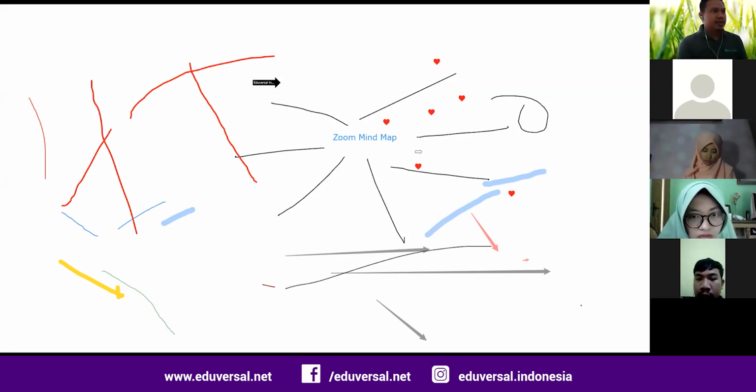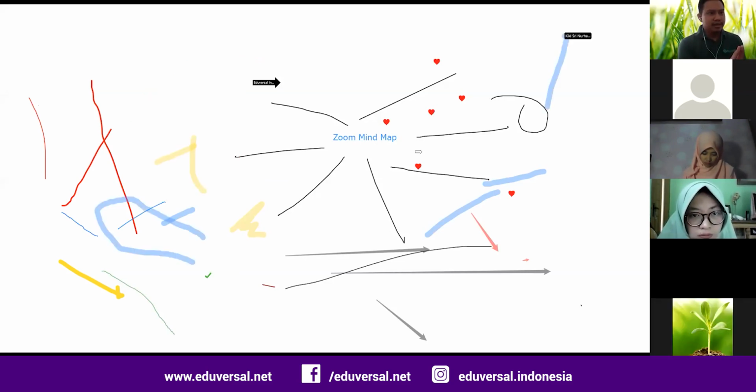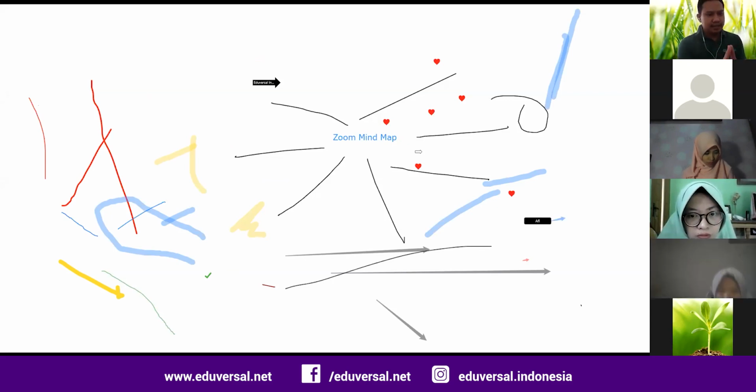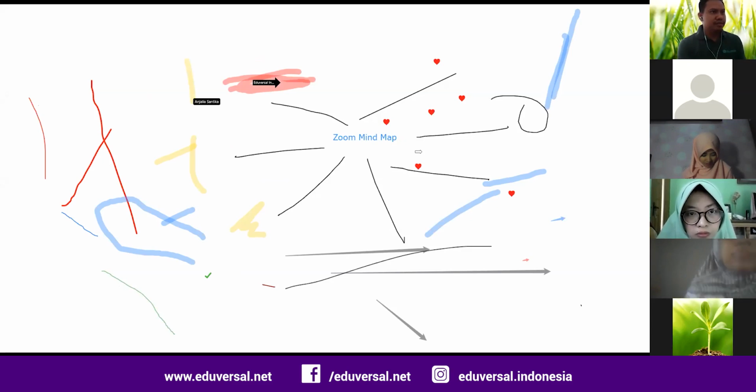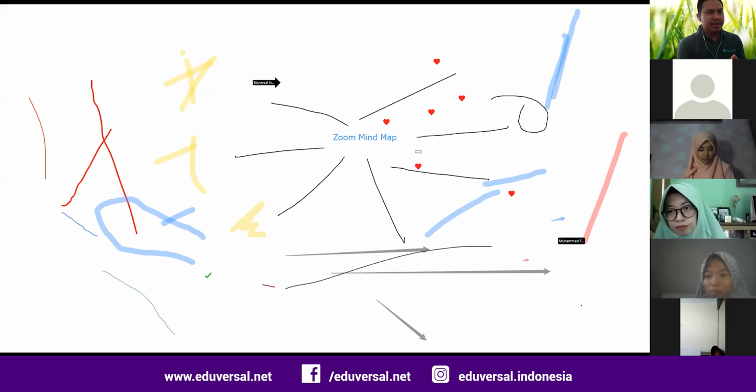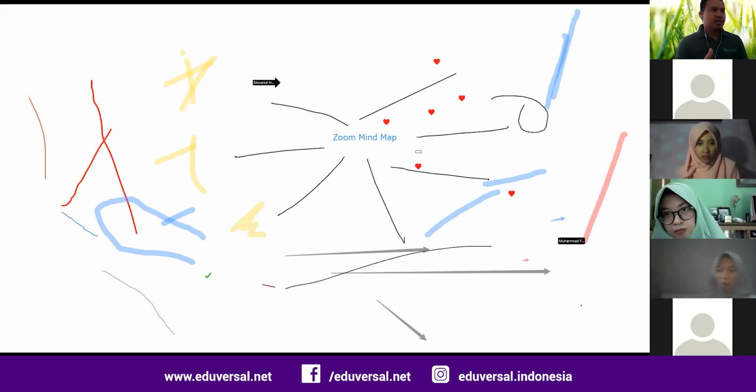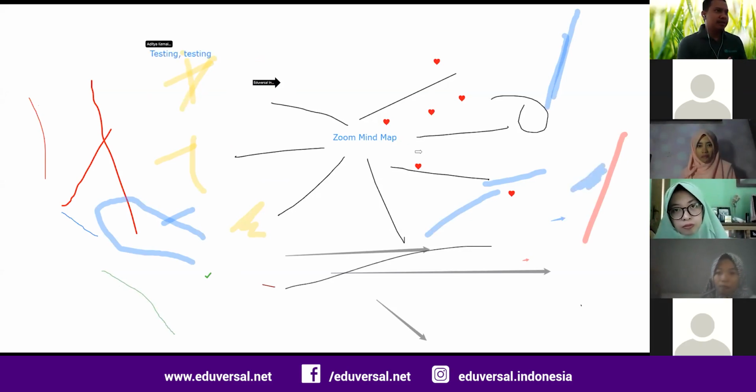But how about if you don't have, for example, touching devices support? You may need a second application in your mobile phone. For example, you host the online learning through Zoom using your laptops, and then you want to make some annotation or some drawing, or even make a solution for a mathematical task.